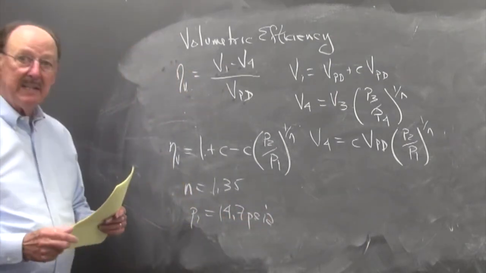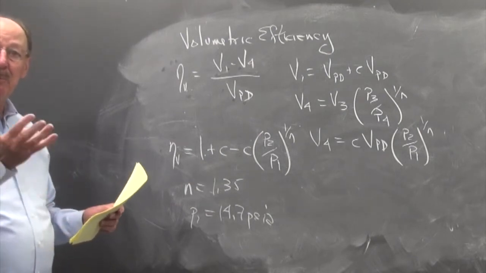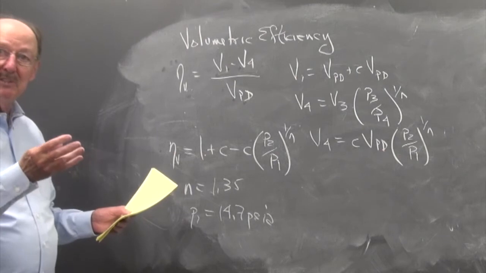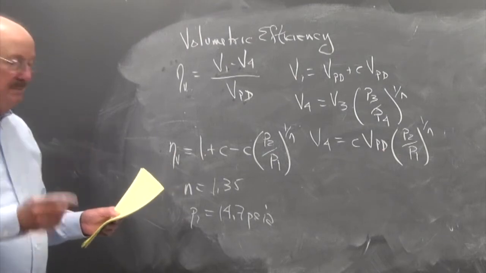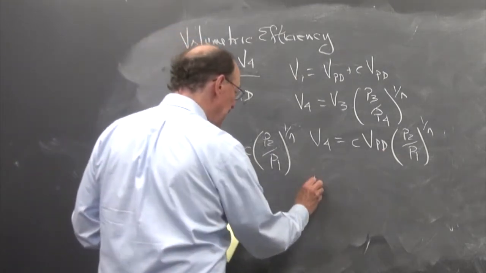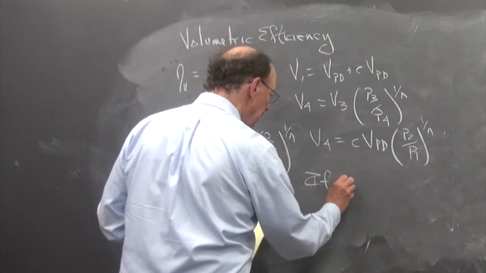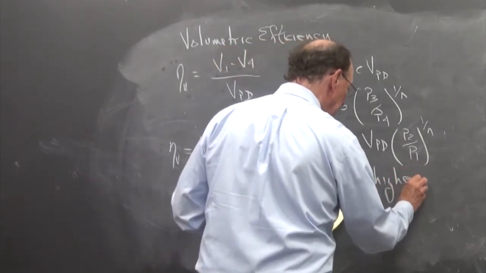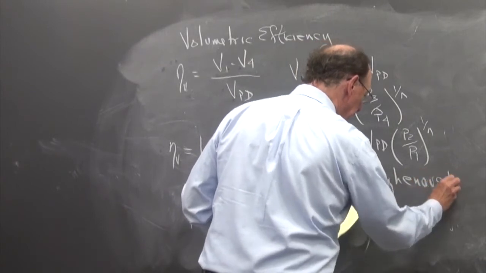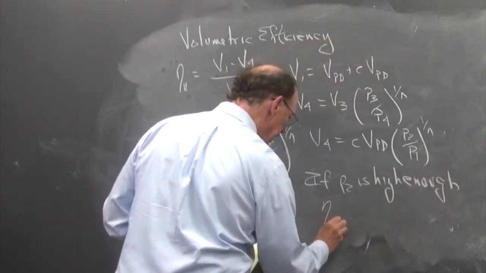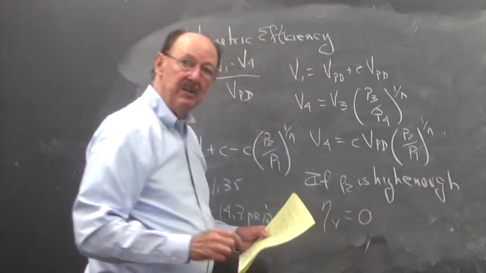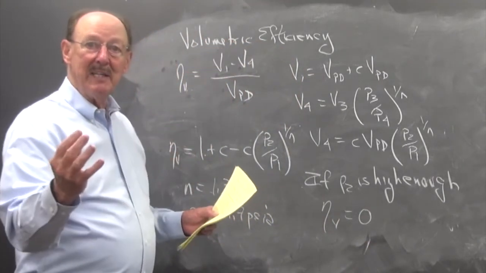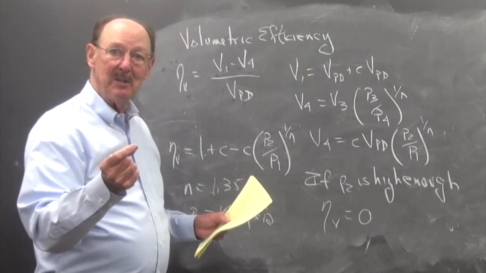One of the things that happens is that if the pressure P2 is high enough, at some point the volumetric efficiency will be 0. The mass of air trapped at top dead center expands all the way down, and there's no intake volume that occurs.